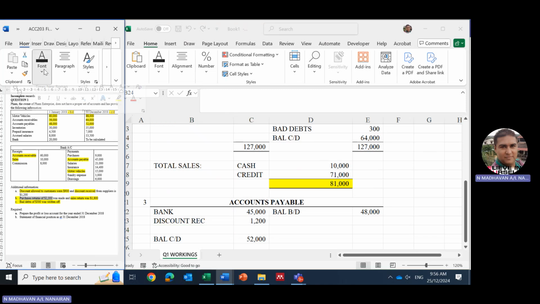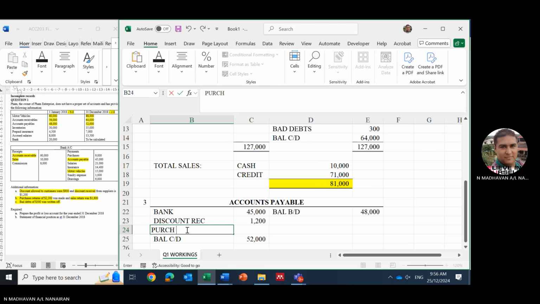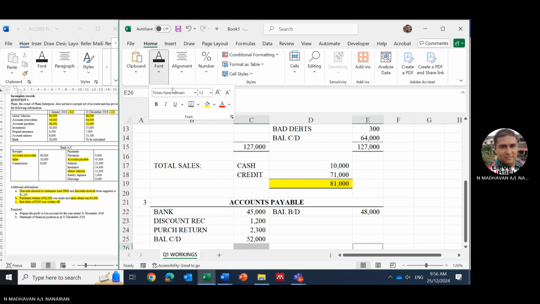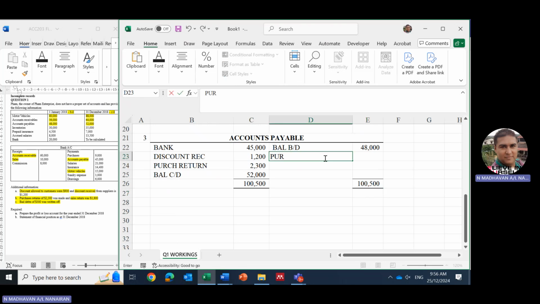Purchase return, 2,300. So from here, I can calculate my credit purchase. So purchases on credit.